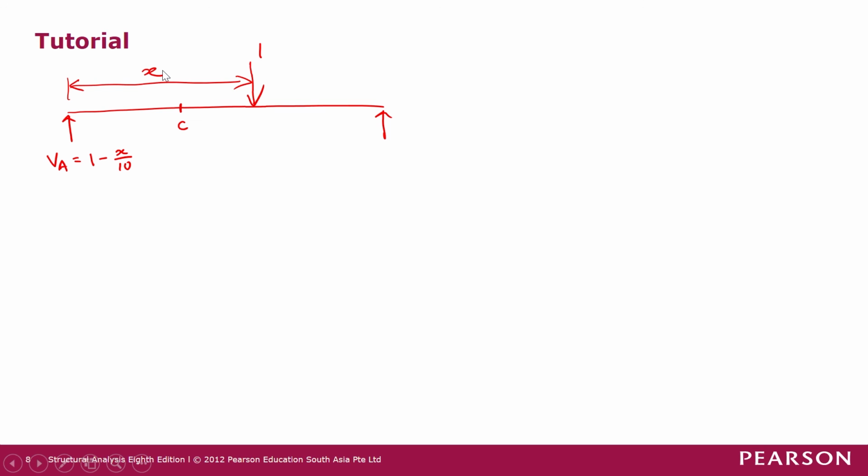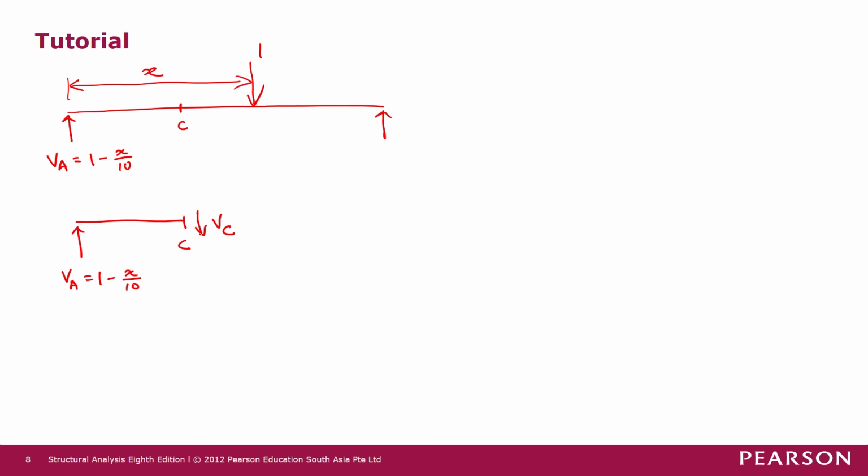When you cut across section C here, this is the shear force VC, and this is the reaction VA, which equals 1 minus x over 10. There are no other external forces because the 1 unit force is already on the other side of the free body diagram.